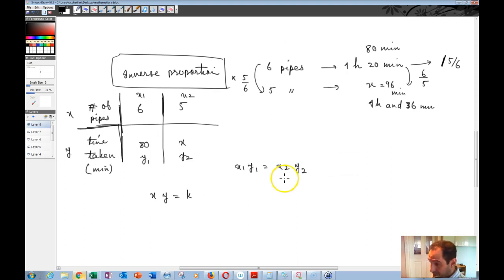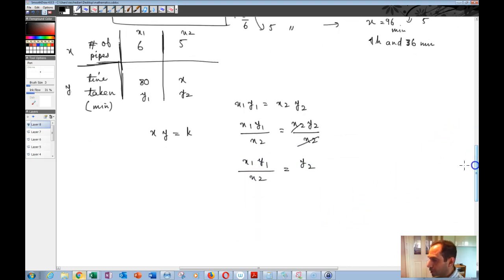So what that means is that if you divide both sides of this equation by x2, x1 y1 by x2 is equal to x2 y2 by x2, and these two would cancel out. You have x1 y1 by x2 is equal to y2.